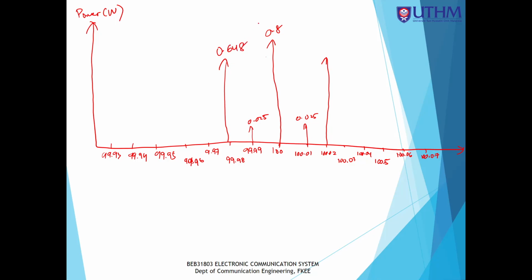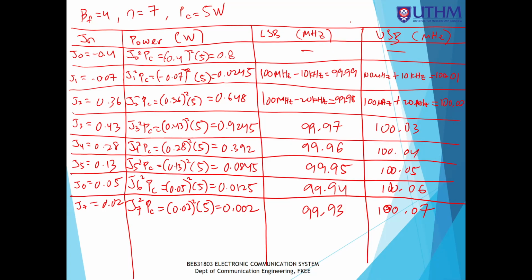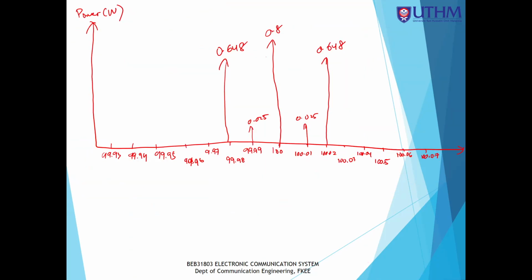And then 0.9245, so higher than the carrier. I just estimate that if it is higher, I need to draw it a little bit higher.